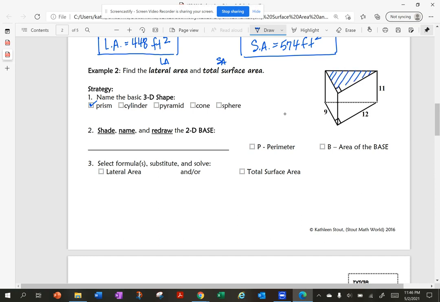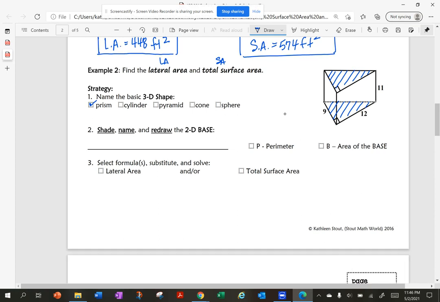My base has to be the top and the bottom here. So here's my base, and this is 9 and 12. So my base is a triangle.